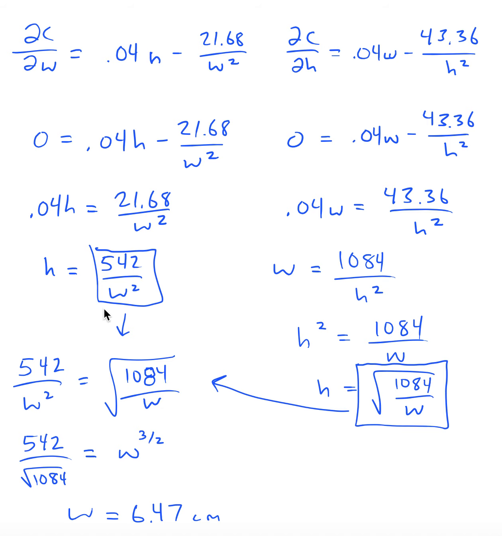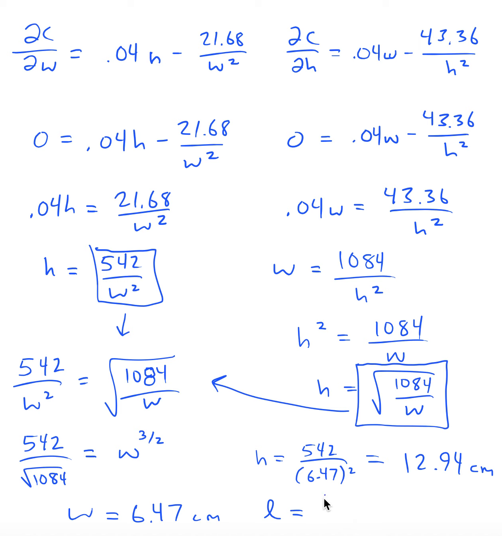I can now go back to another equation from the past that we had here. H equals 542 over W squared. That's 12.94. And then we want to find the length.